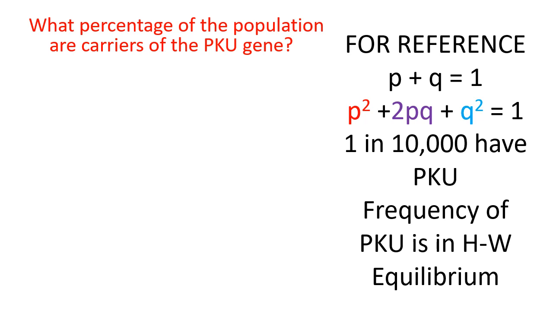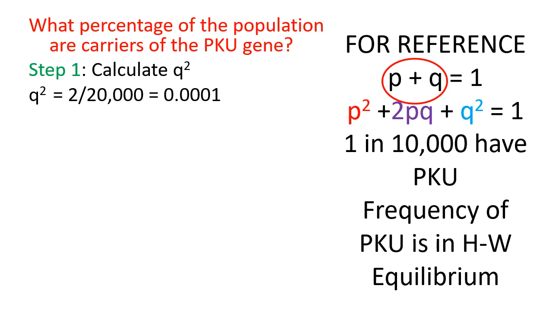We've got p plus q equals 1, we've got 1 in 10,000. What information here correlates with our equations? Well, we know that to have PKU, you have to be homozygous recessive. Okay, so 1 in 10,000 is actually our q squared.